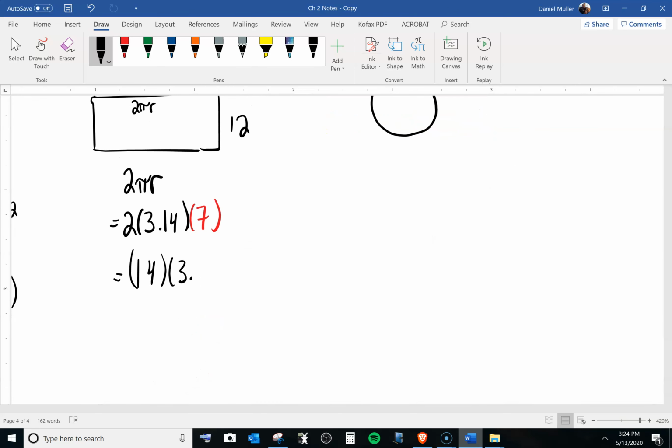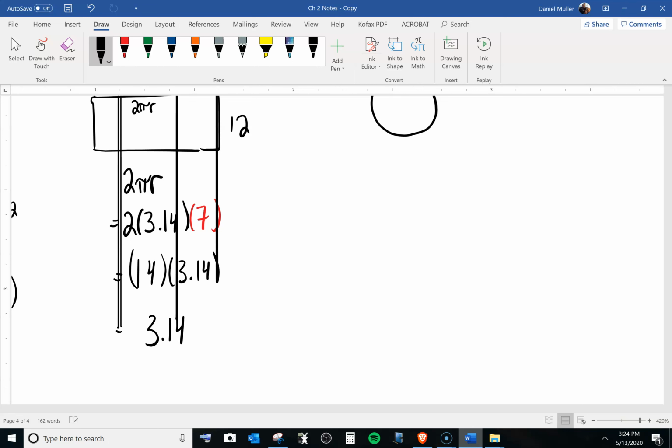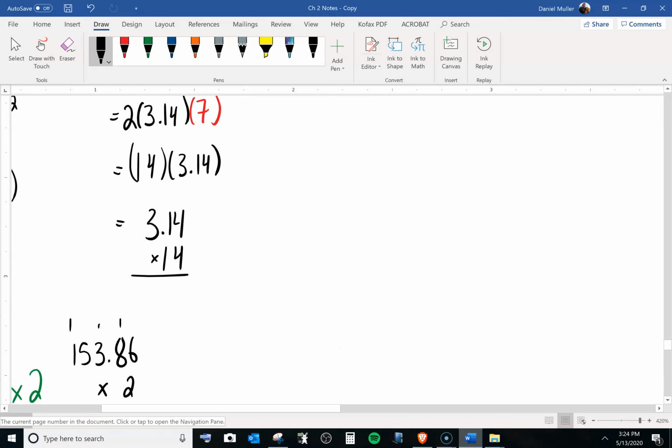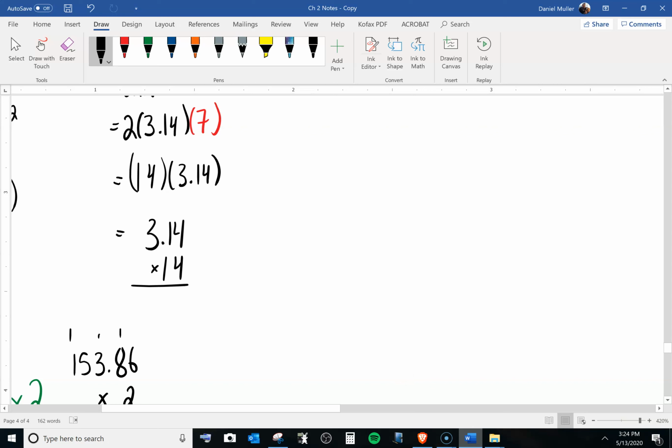I have to do that vertically because I don't know what that is. I'm going to erase those in a moment. 3.14, and then I'll times that by 14. There are 2 decimal places, so I will just do this, and then I can change that. Maybe I'll write it over here because I'm running out of room. 314, and then times that by 14.